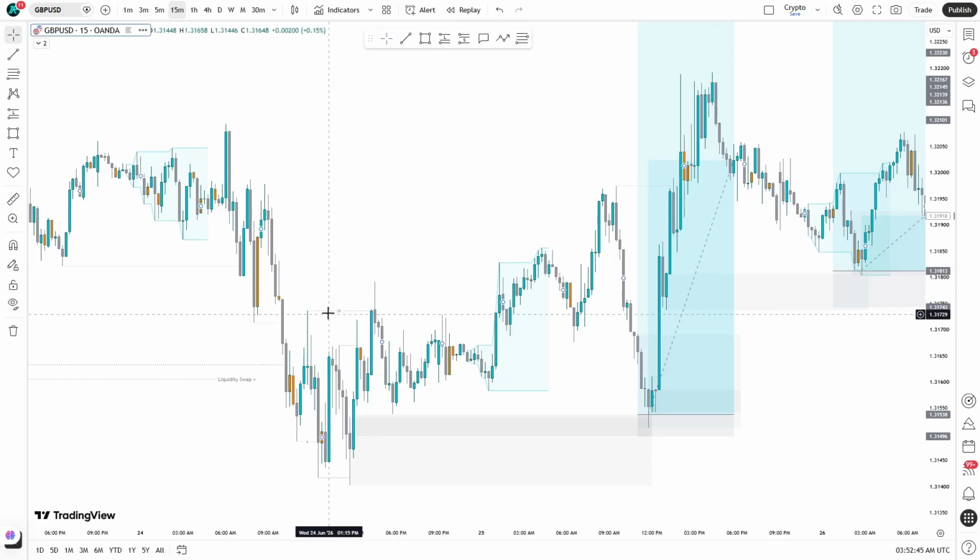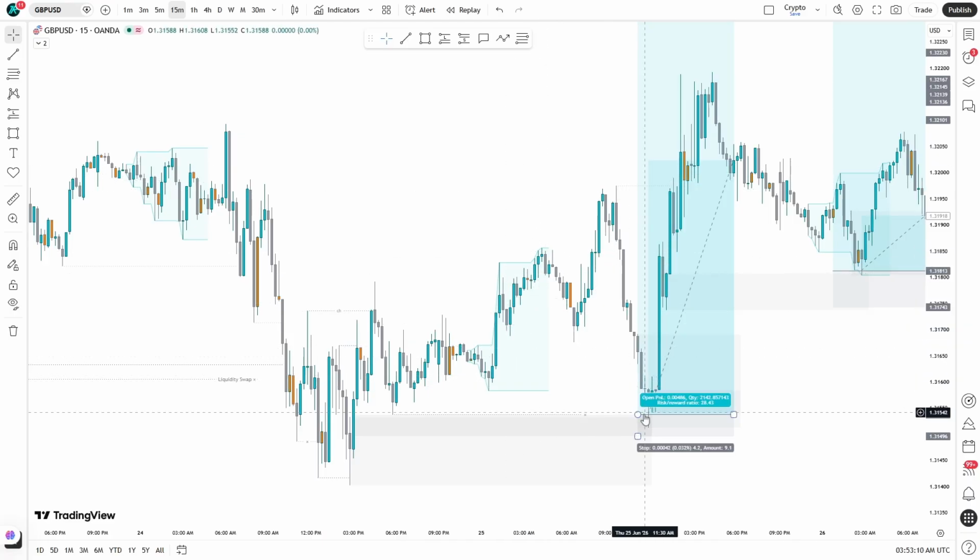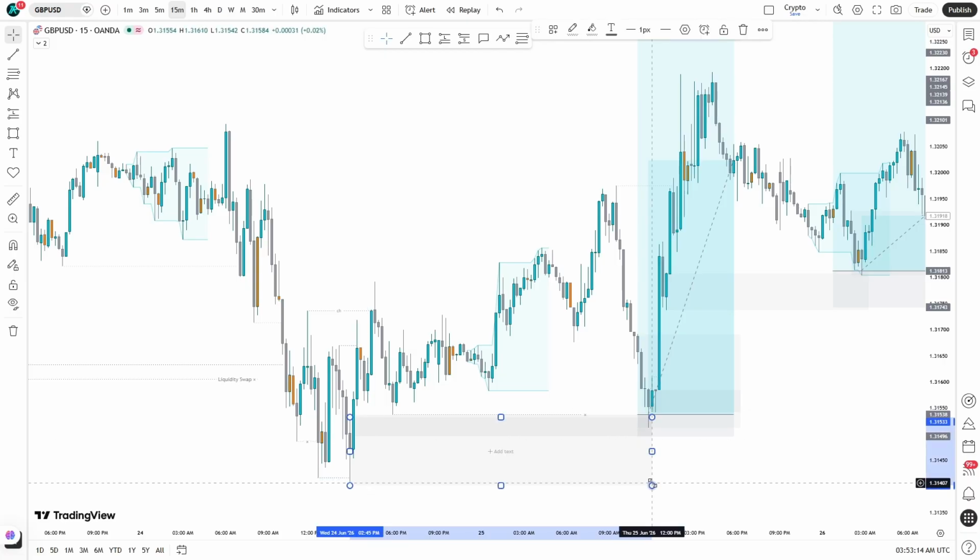So after we took out this high, market rallied to the upside. Going to this period, it left some inducement here, and some inducement here below. And what it did is that it then came down in a couple of minutes and mitigated this 15 minutes demand.